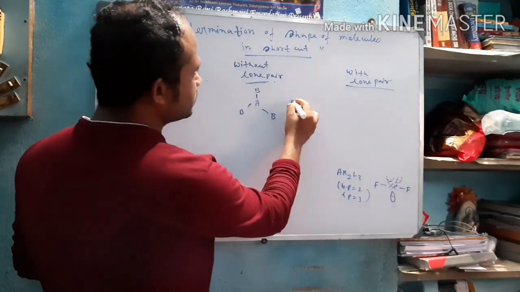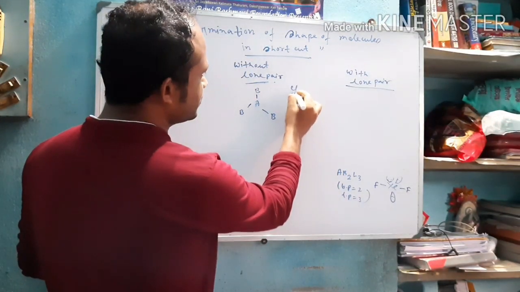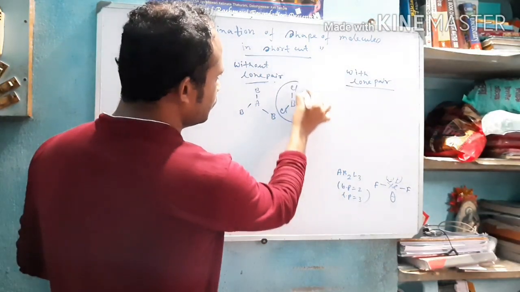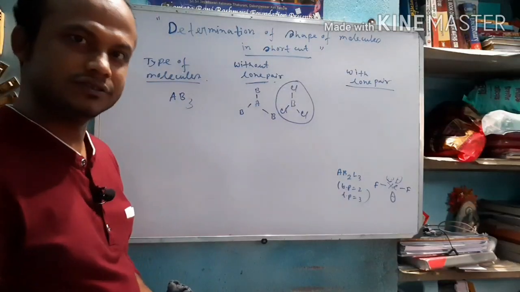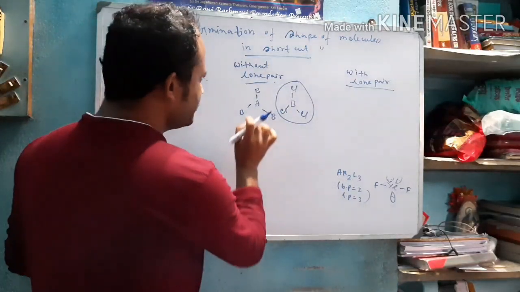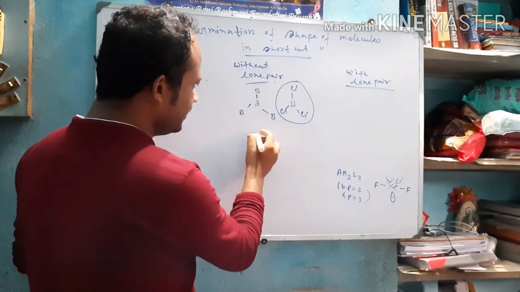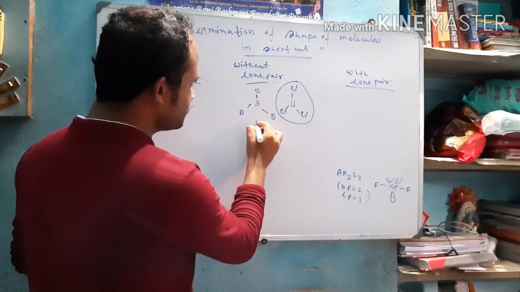So example BCl3, that is boron and 3 chlorine without a lone pair, BCl3. If we imagine these 3 bonds will be double bonds, then it is also possible.